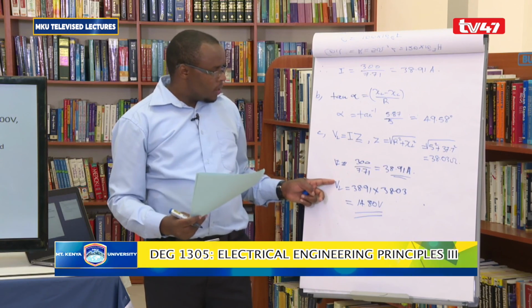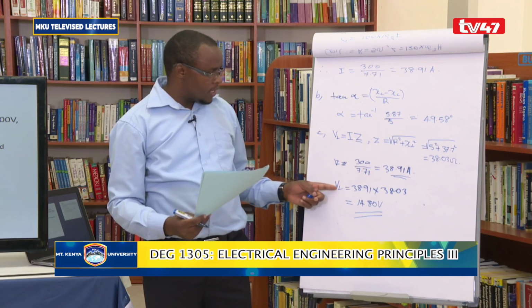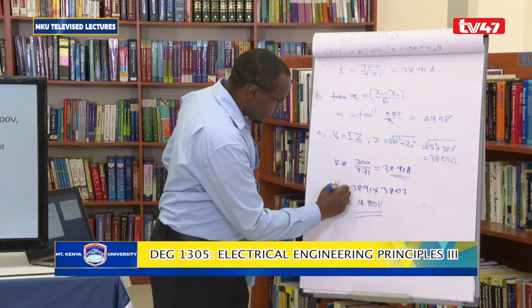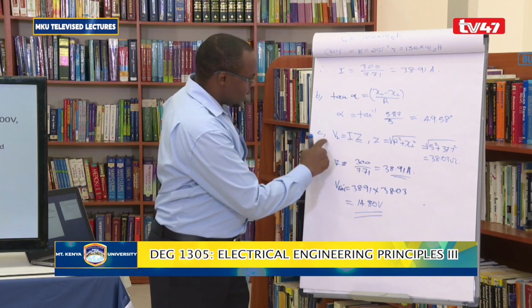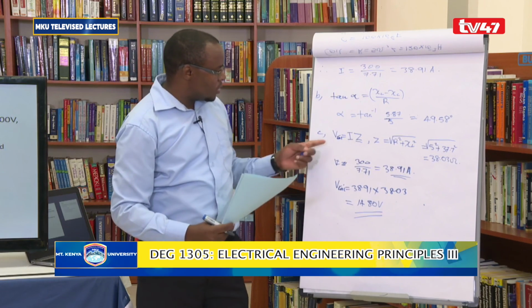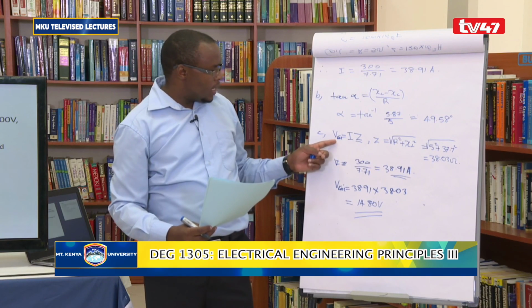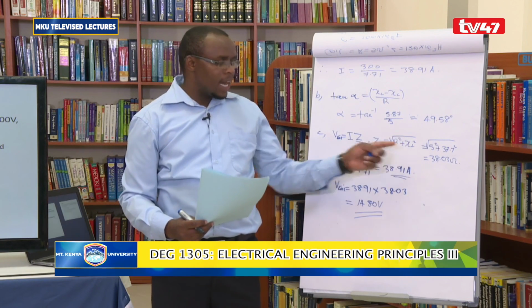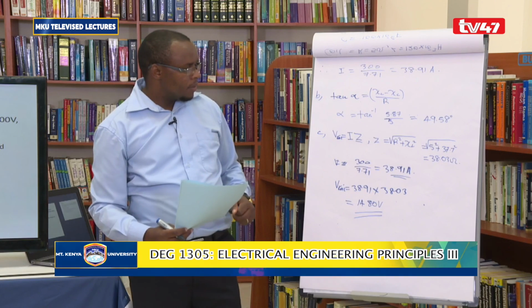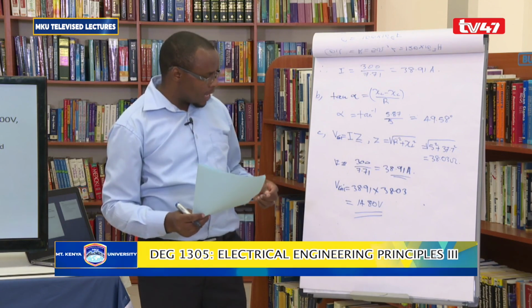Sorry, this is the coil, not the L. The voltage across the coil, because it is involving both resistance and the inductor. So it's like a sub-circuit in the whole of that circuit.